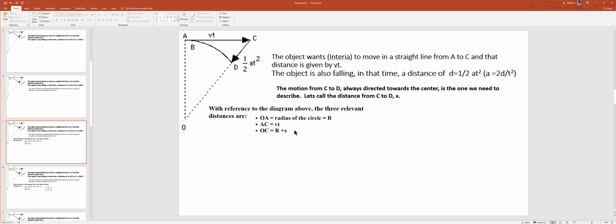the three relevant distances are O to A, the radius of the circle, which is r; A to C, which is just the distance given by the tangential velocity, vt; and the distance from O to C, which is given by the radius plus this incremental amount x.